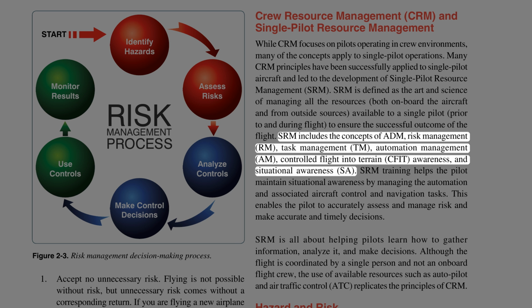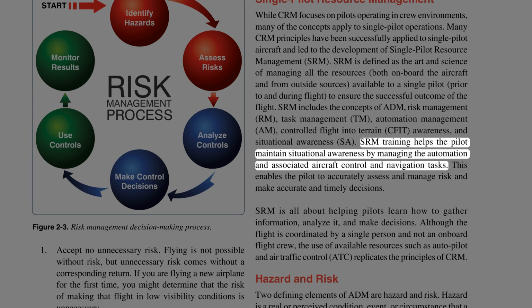SRM includes the concepts of ADM, risk management (RM), task management (TM), automation management (AM), controlled flight into terrain (CFIT) awareness, and situational awareness (SA). SRM training helps the pilot maintain situational awareness by managing the automation and associated aircraft control and navigation tasks.